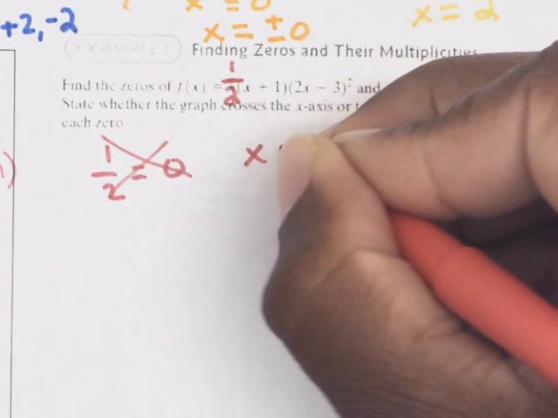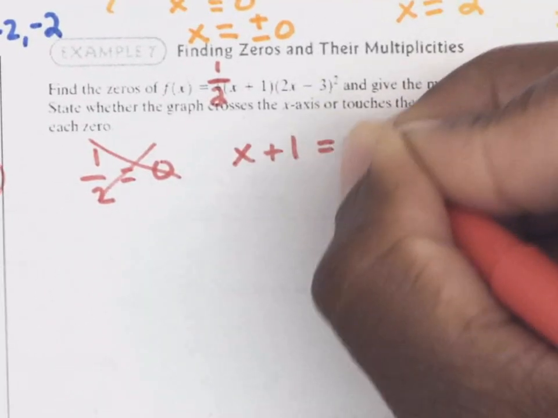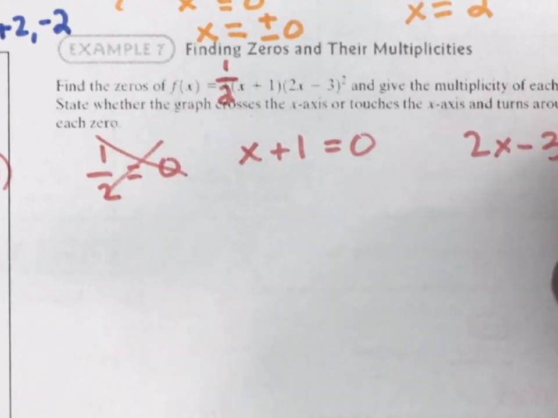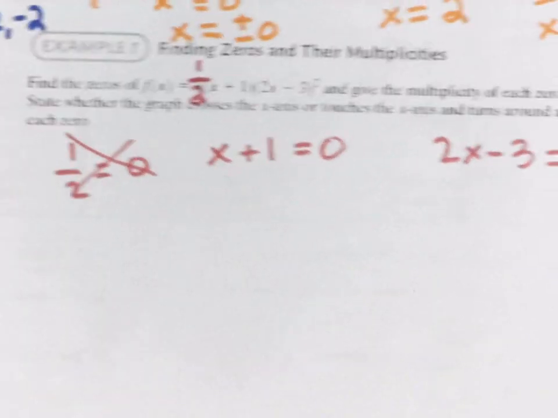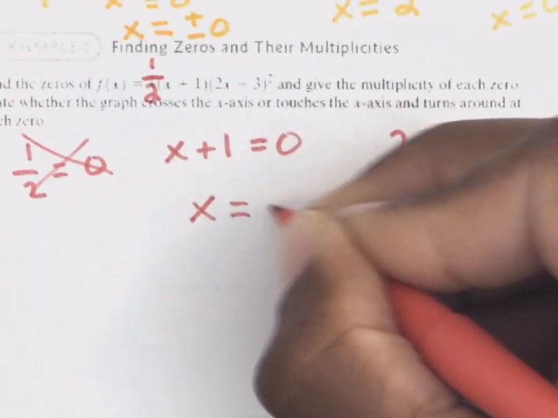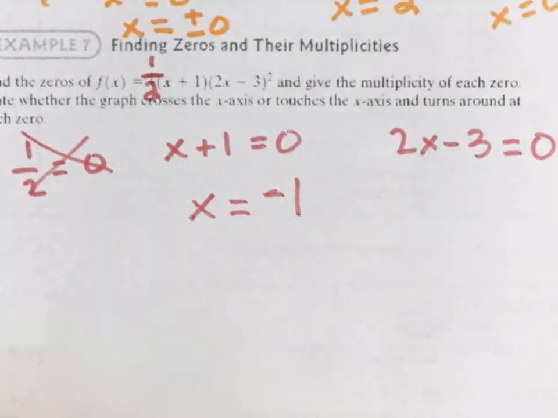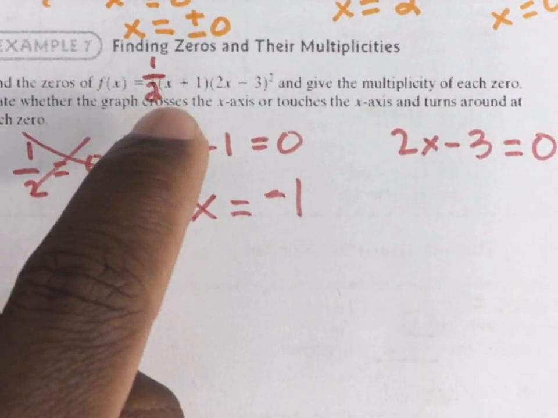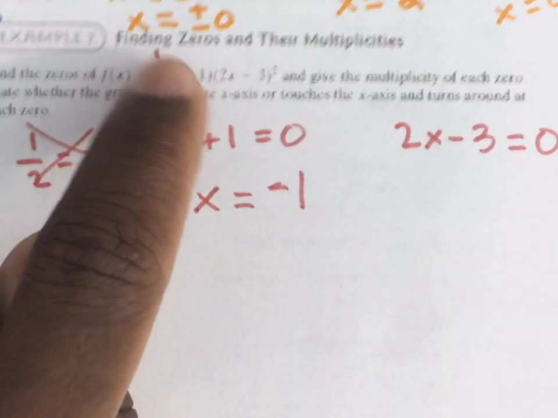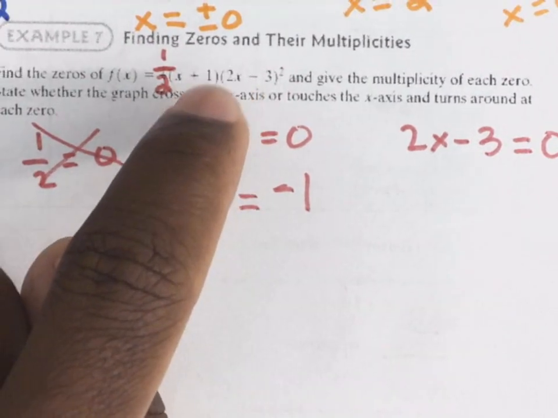So I do have x plus 1. I set that equal to 0, and I got 2x minus 3 also equals 0. Subtract 1 from both sides on this one. X equals negative 1. How many times do we have this factor? Do you see an exponent?